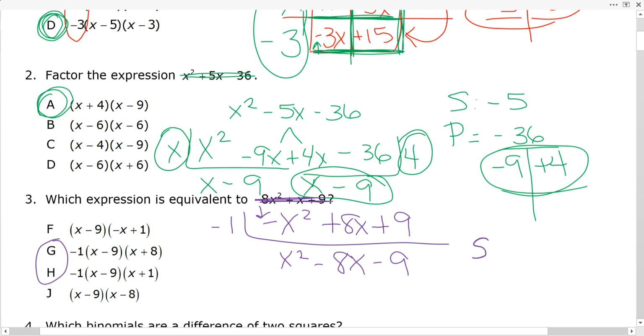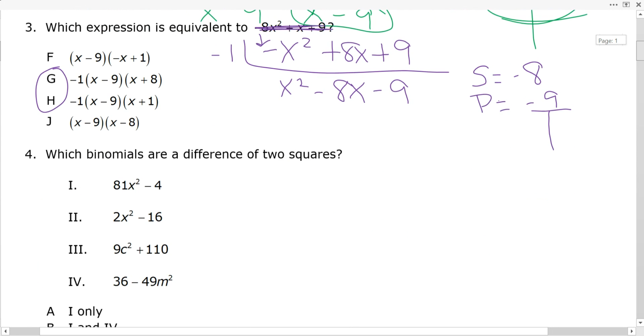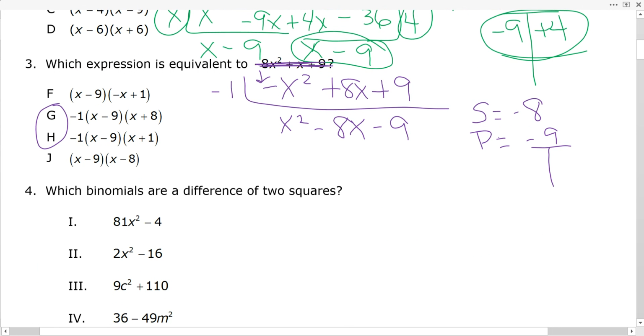My sum is -8. My product is -9. If I find two factors of -9 that add to -8, I'm pretty sure it's going to be -9 and +1, multiplied to -9 and add up to -8. So I'm going to make my box. I'm going to put my x squared top left, -9 bottom right.